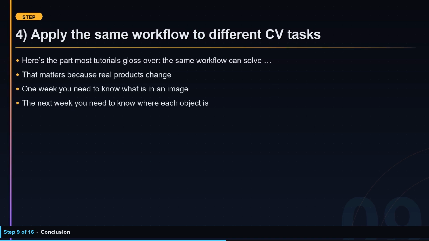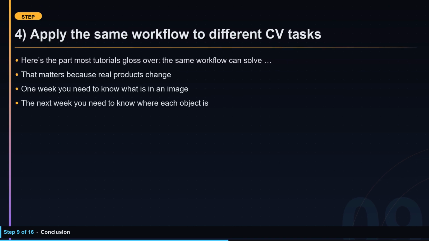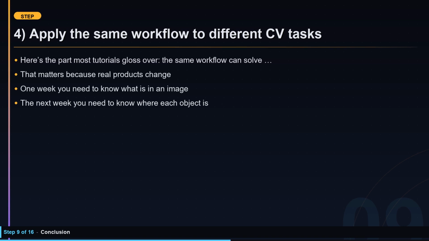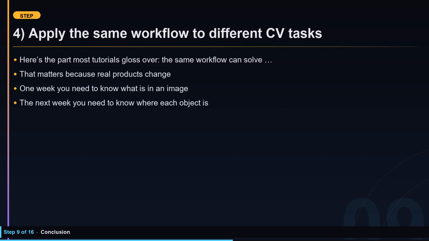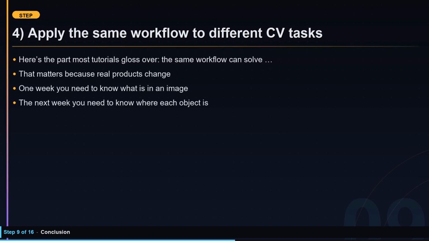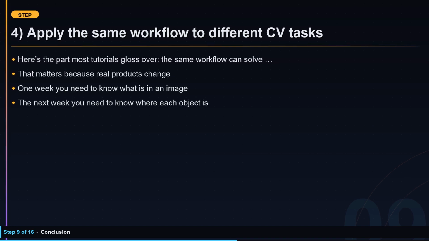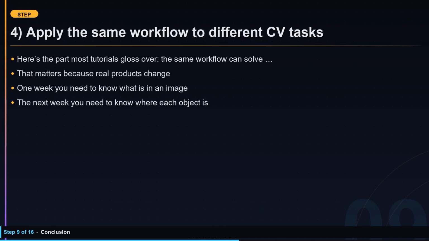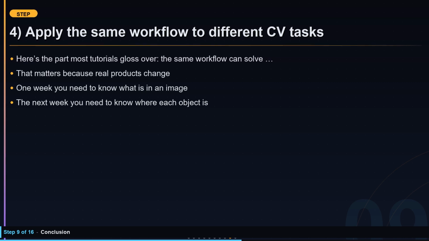Source: https://github.com/ultralytics/ultralytics. In code, that looks simple on purpose. You load a classification model for one task, then a segmentation model for another. Classification means predicting what the image contains, while segmentation means outlining each object pixel by pixel. The value here is not just convenience. It lowers engineering overhead because your team learns one API and reuses the same patterns as requirements evolve.